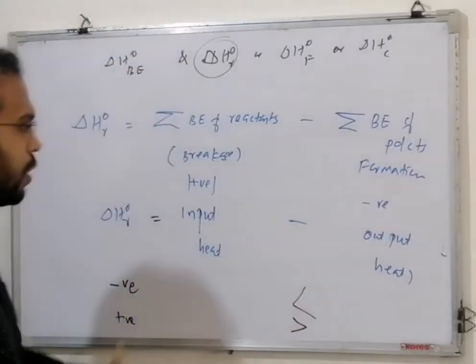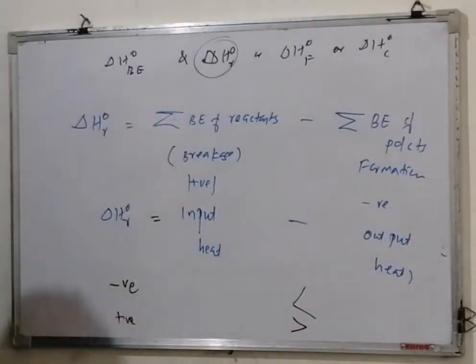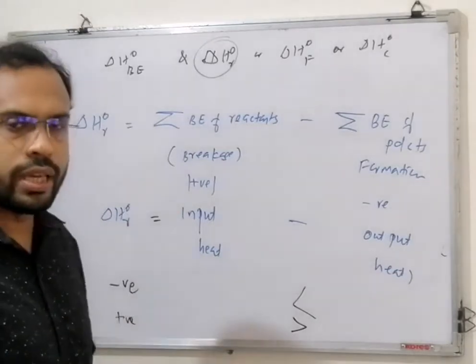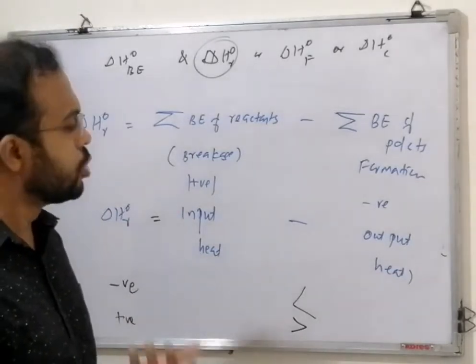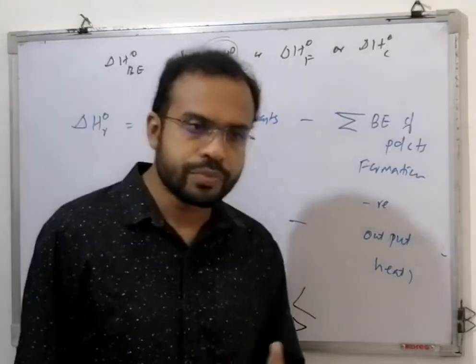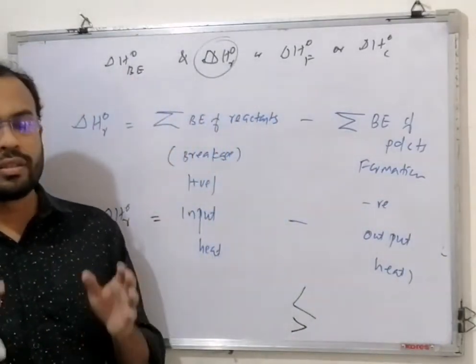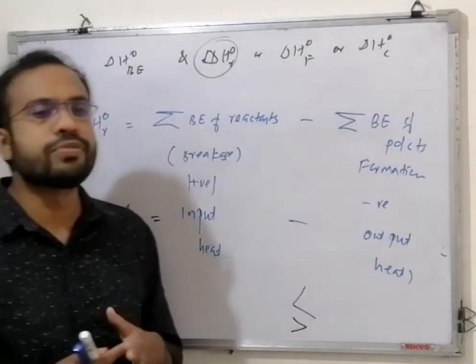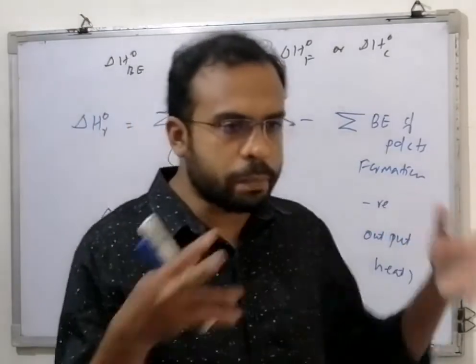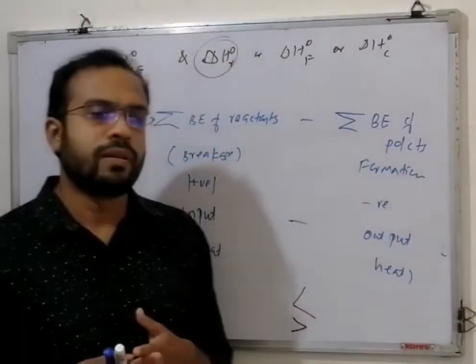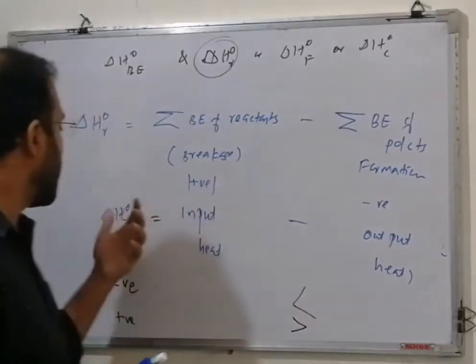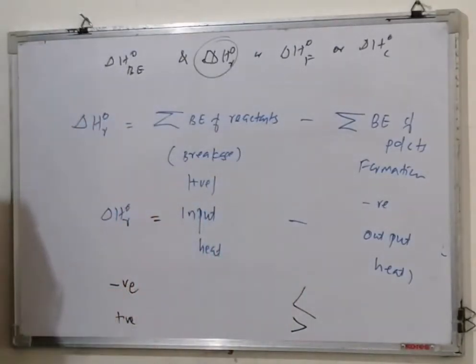In reverse, when output heat is higher, that is, heat released when bonds in the product side are formed, that reaction is called exothermic.